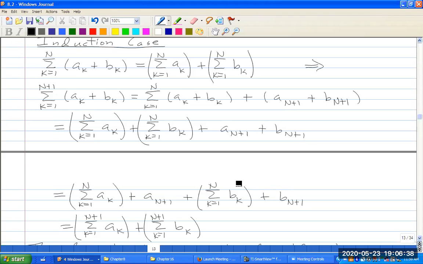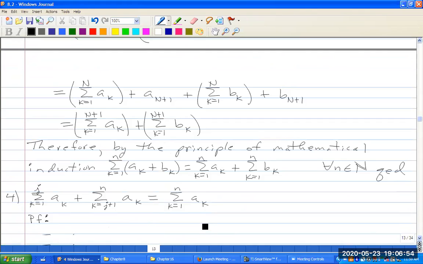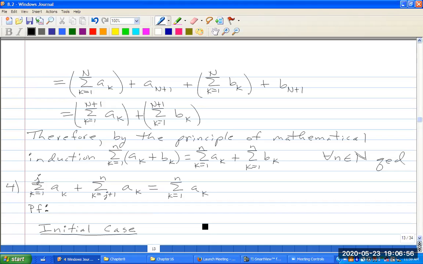But the sum k equaling 1 to n of b sub k plus b sub n plus 1 is just the sum k equaling 1 to n plus 1 of b sub k. And so I've shown that the induction hypothesis holds.